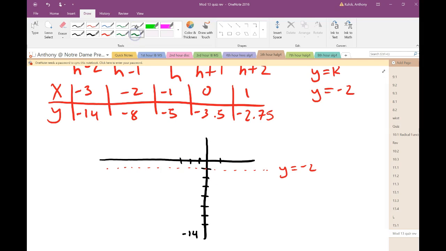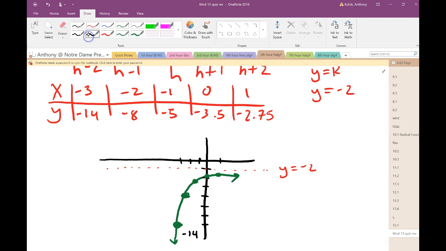And then let's plot some points. And then we'll attach these. I missed a little bit. I'll just make those points bigger. And no one will be able to tell the difference. Everybody happy with how I drew that?